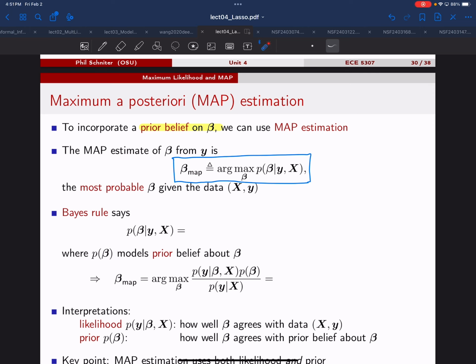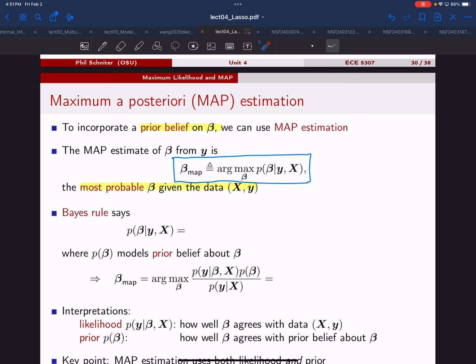Here, we're just saying, if you give me this data, that induces some sort of distribution on beta. Let's just find the beta that is the most probable. This tells you the probability of different betas under this data. So in some sense, this just makes more sense. But as we'll see, this requires one additional thing.